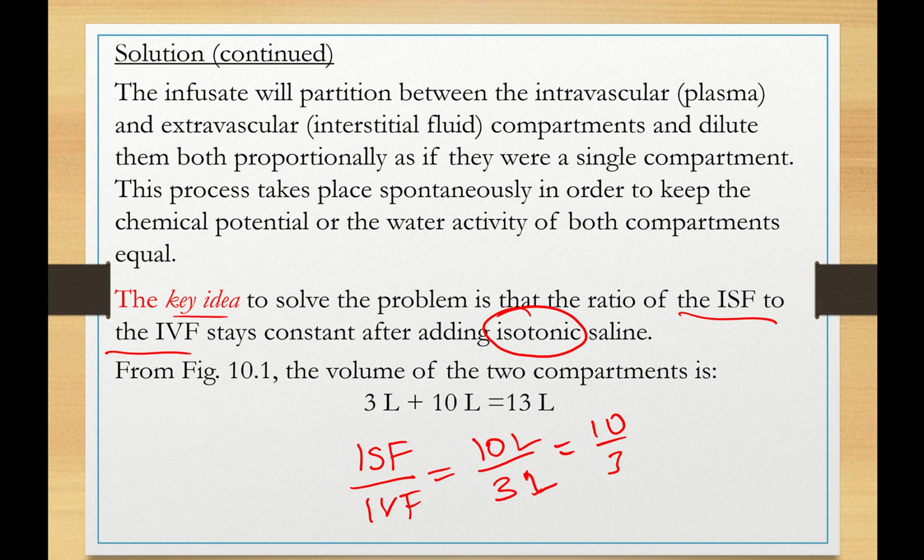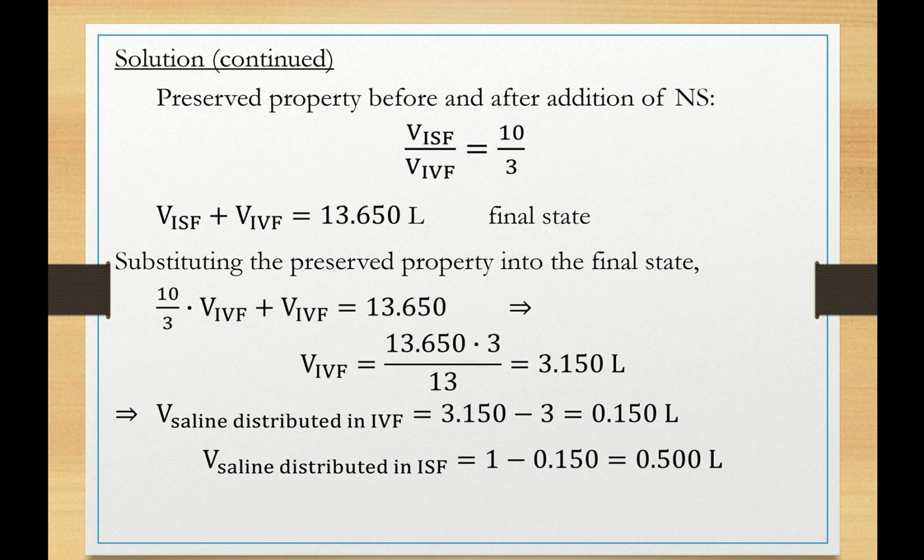Before adding it, this is what you have, and after administering the 650 ml of isotonic solution, you will still have this ratio. There shouldn't be any change in the ratio of the body fluids, not the actual volumes, but the ratio should remain constant. So I've written it over here.